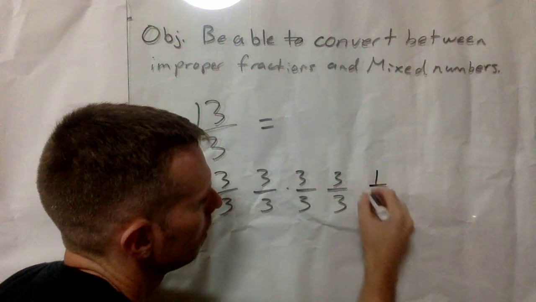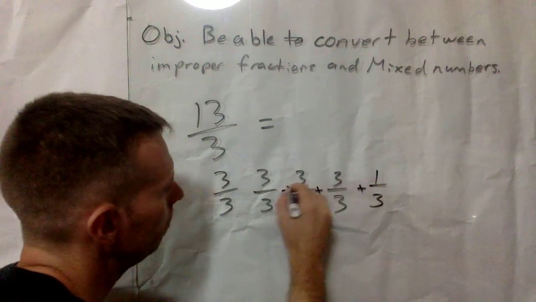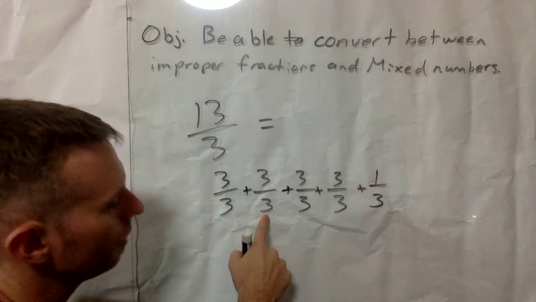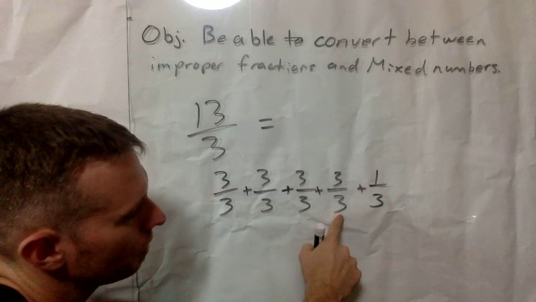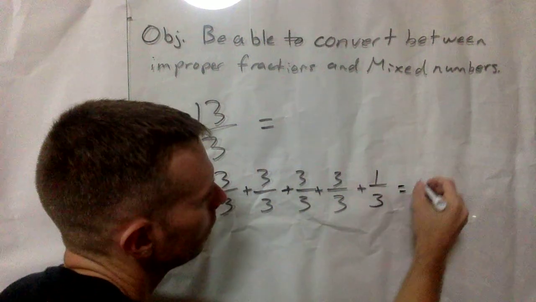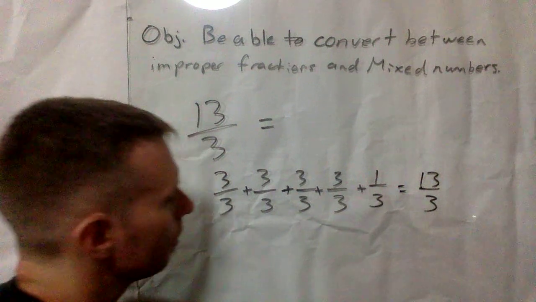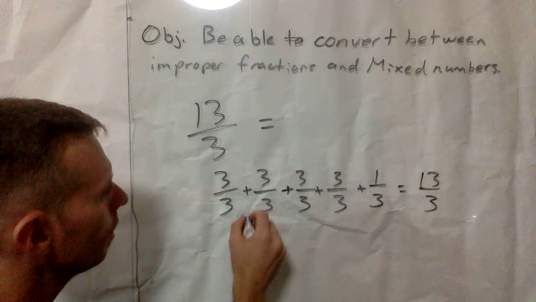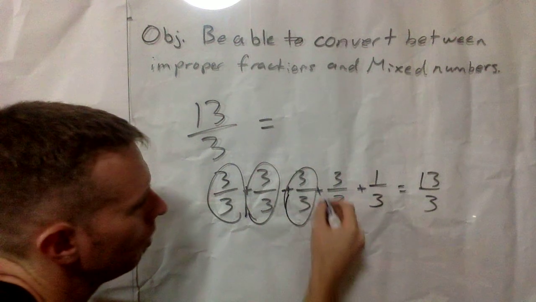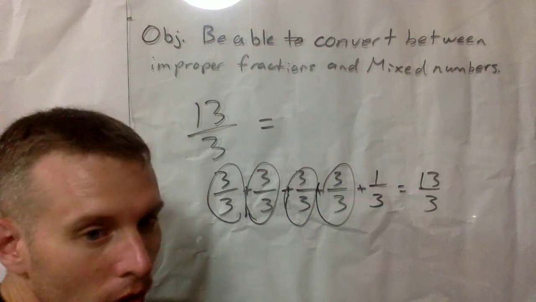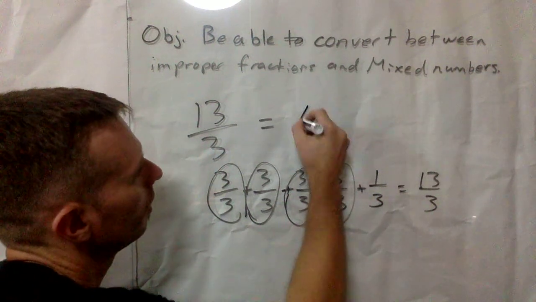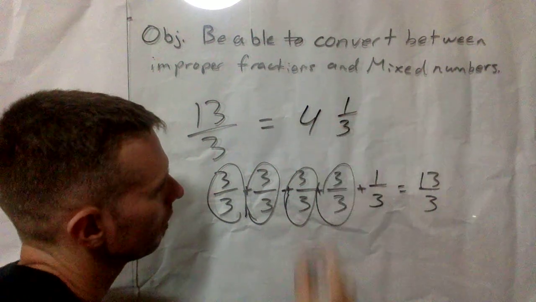So you have 3/3 plus 3/3 plus 3/3 plus 3/3 plus 1/3, which gives you 13/3. That's four wholes and an extra 1/3 left over. So this would be 4 1/3.